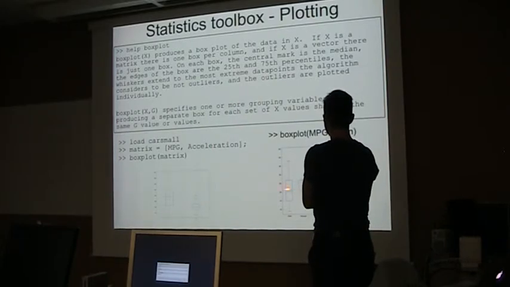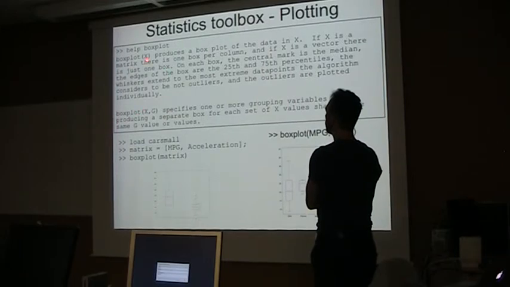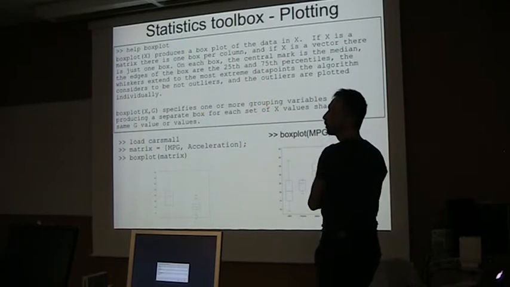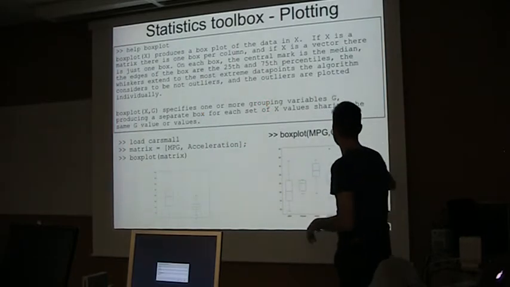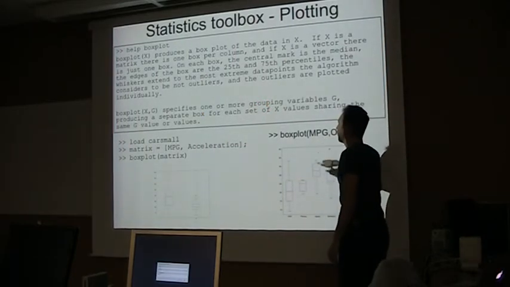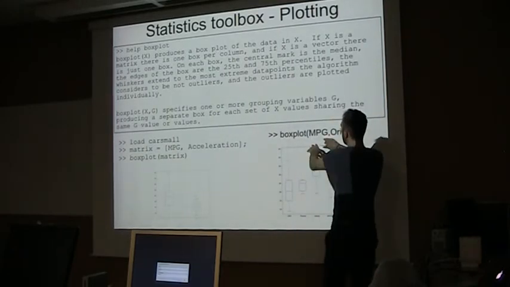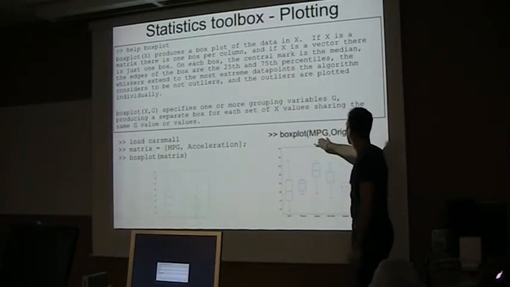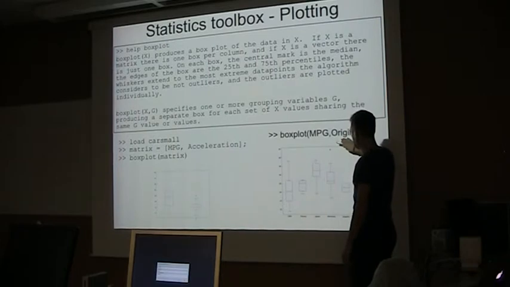Okay, so this is the function boxplot, and you just give it something, but there's also a version where you have a grouping variable. So that's what I'm doing here. From carsmall, I'm doing boxplot of miles per gallon against the grouping variable origin.